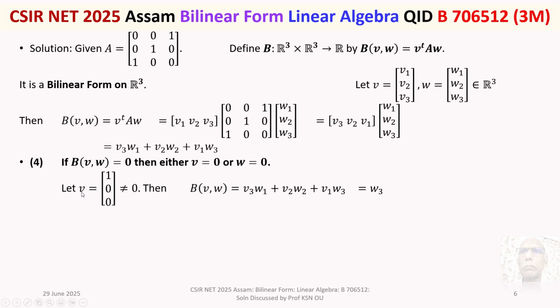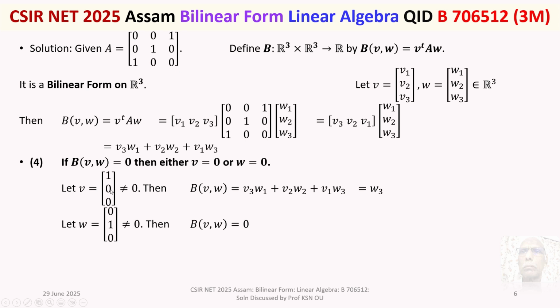Now take a W in which W3 is 0. So let W be equal to 0, 1, 0. W3 is 0, and this is not equal to 0. Then B of the same V and W will be W3, which is 0. So B of V comma W is 0.